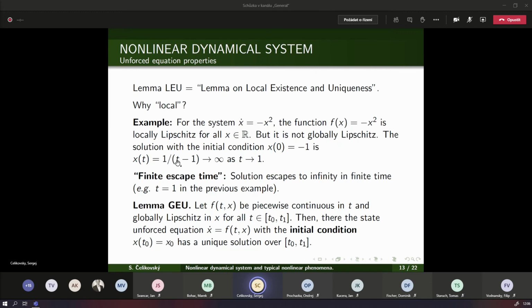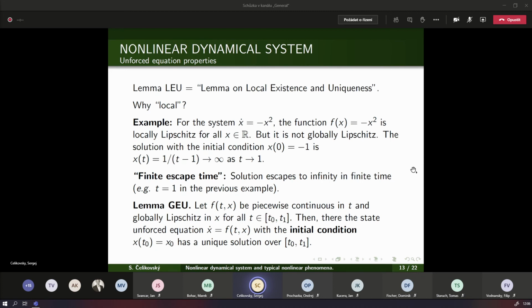But it is defined only on the time interval [0, 1), and 1 cannot be included because this simply doesn't make sense for t equal to 1. Here is 1 divided by t minus 1; if t is 1, it is 1 divided by 0. And when t converges to 1, this converges to infinity.